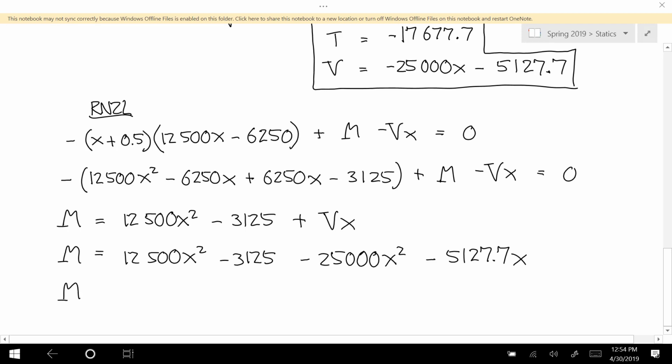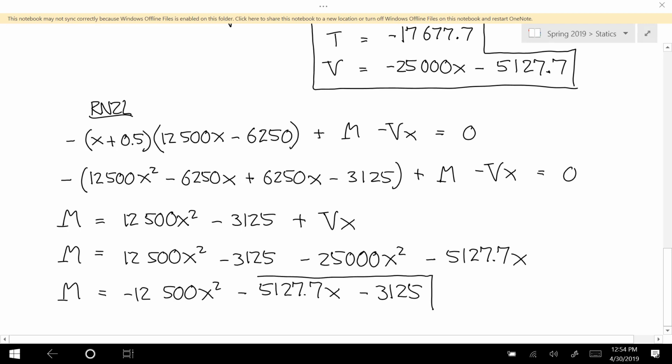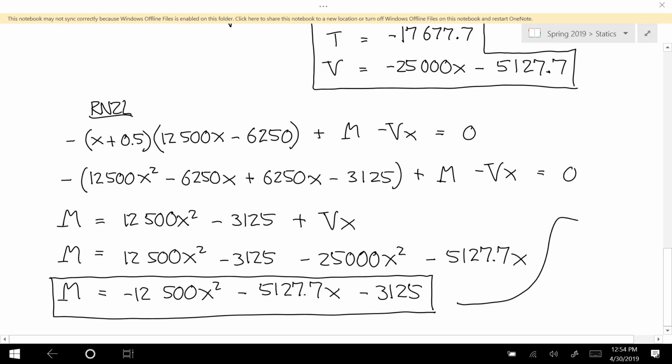And so m, the final answer, is negative 12,500x squared minus 5127.7x minus 3,125. And these subfunctions are valid on the interval between 0.5 and 1.